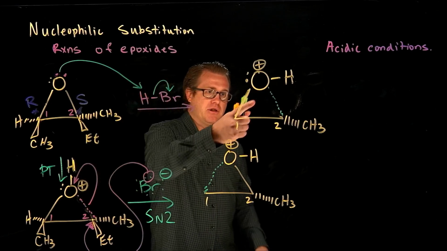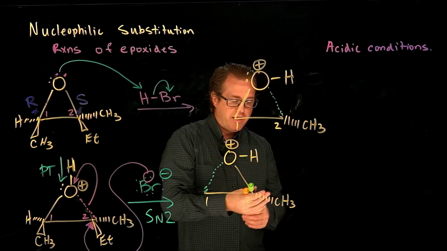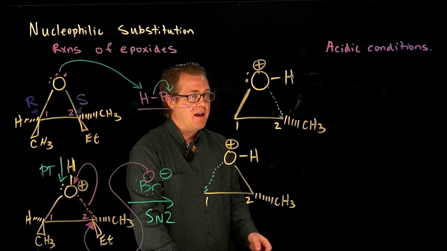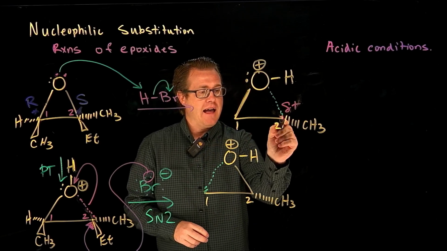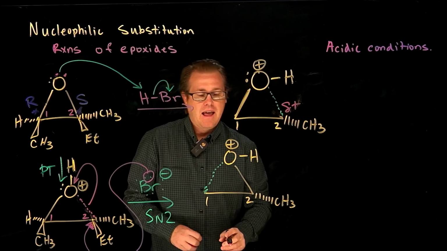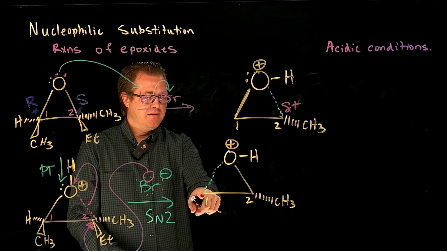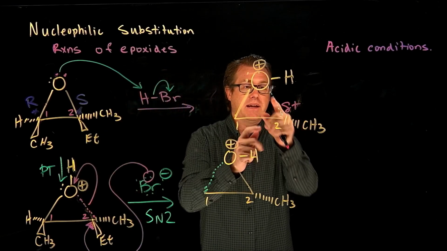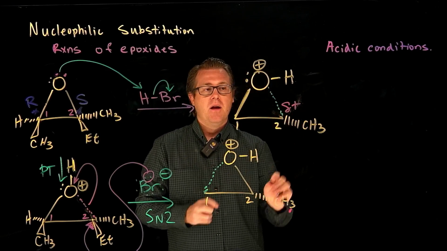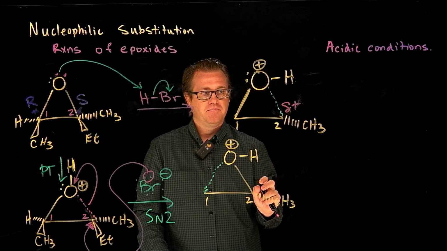And the reason why it chooses to partially break this bond is because we are going to have a more stable partial positive charge on that carbon instead of having the partial positive here. We're not going to have a full-blown carbocation because this bond still exists, but it's a partial positive.